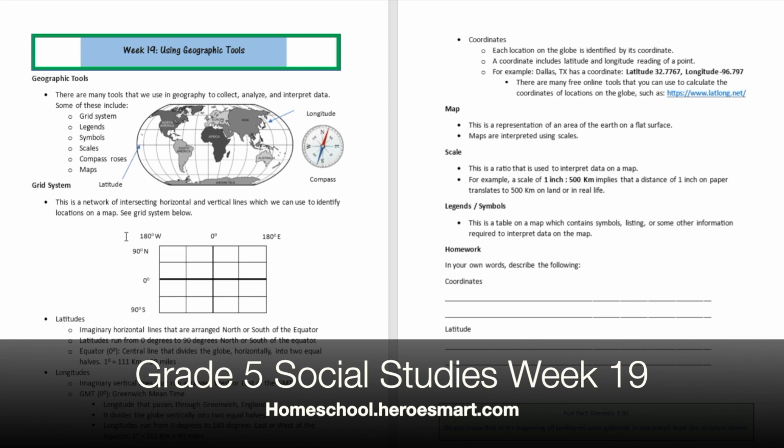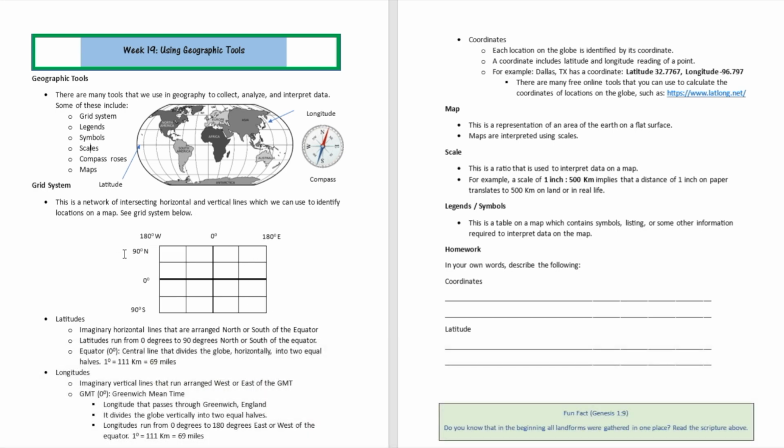The grid system is a network of intersecting horizontal and vertical lines which we can use to identify places on a map. If you have a rectangular map with vertical lines and horizontal lines, those lines give you coordinates, and you can use those coordinates to identify places on the map.